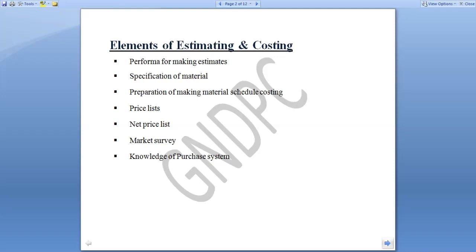Therefore, the estimator should be able to judge all these essential elements of estimating and costing. We'll be following these in detail.